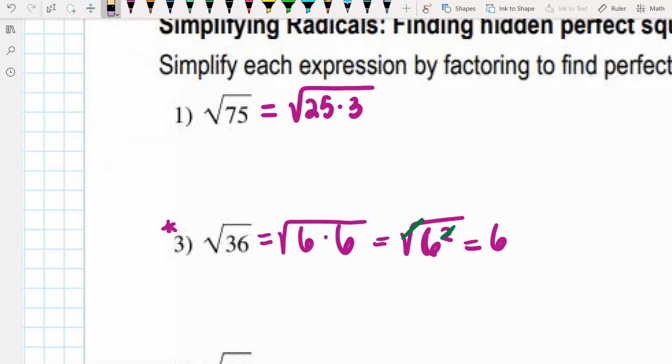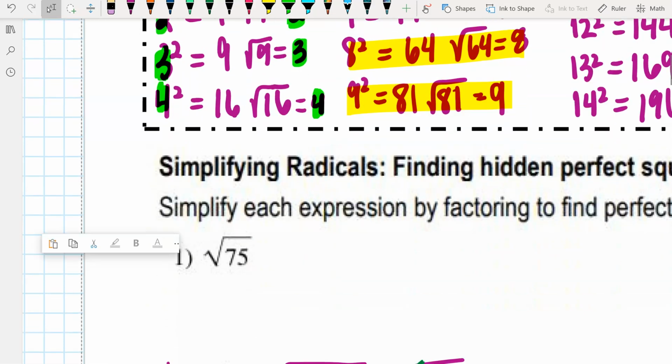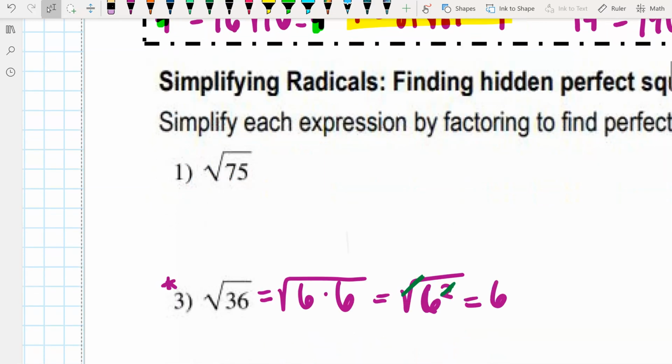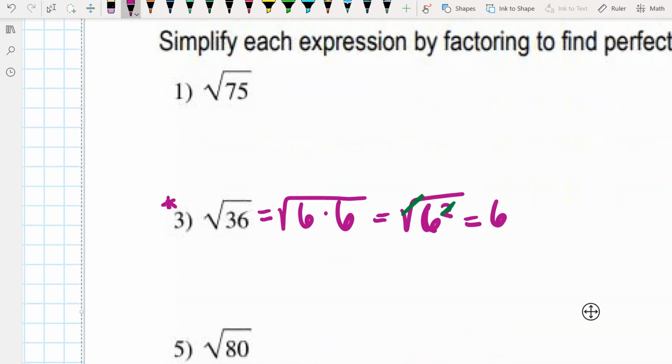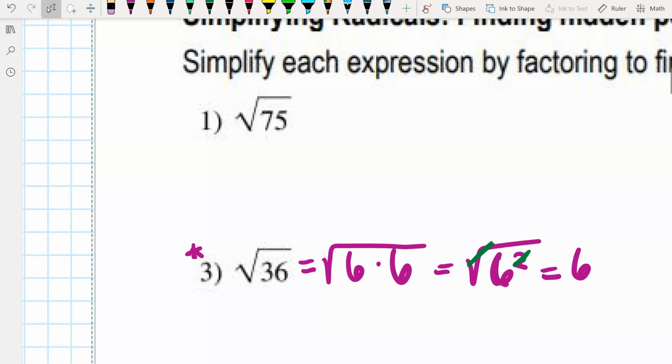My video stopped working about halfway through this, so I'm going to do this again. 75 is not a perfect square. It's actually between 64 and 81. So when you have a square root of something that is not a perfect square, the first thing you do is list out the factors for that number: 1 and 75, 3 and 25, and 5 and 15.